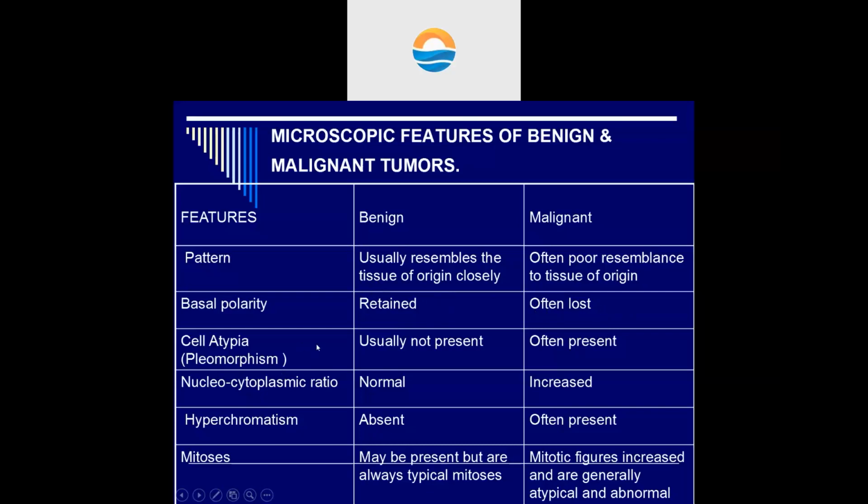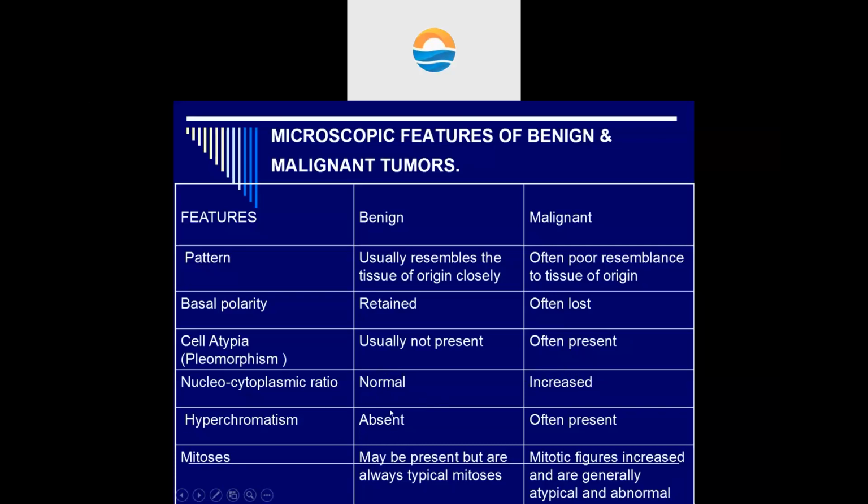Cell atypia and pleomorphism are usually not present in benign tumors, and are often present in malignancy. The nuclear cytoplasmic ratio in benign tumors is similar to normal tissue, and in malignant tumors it is increased.